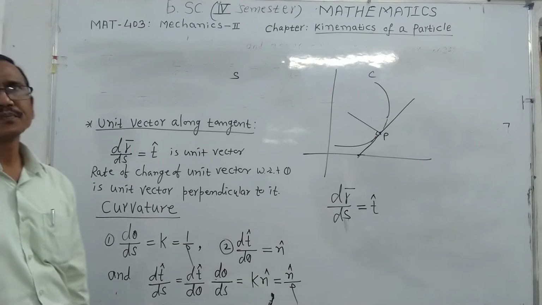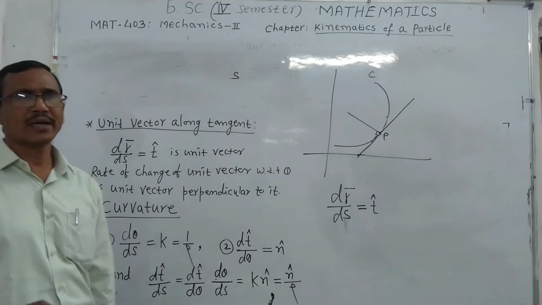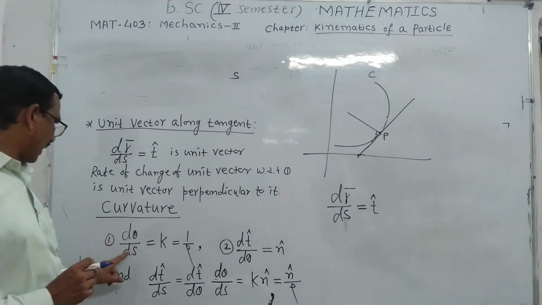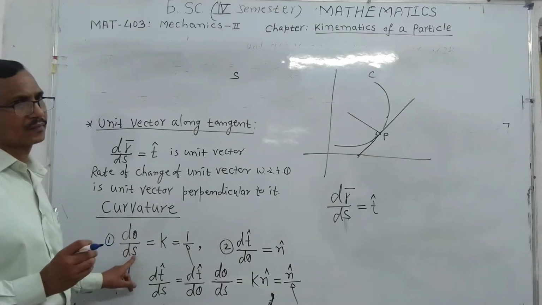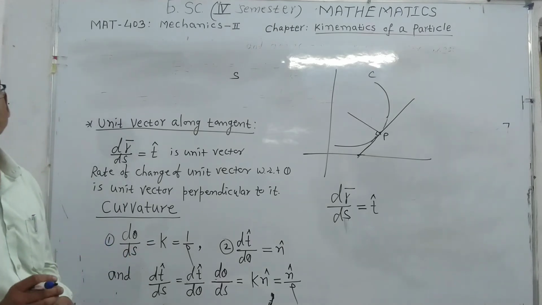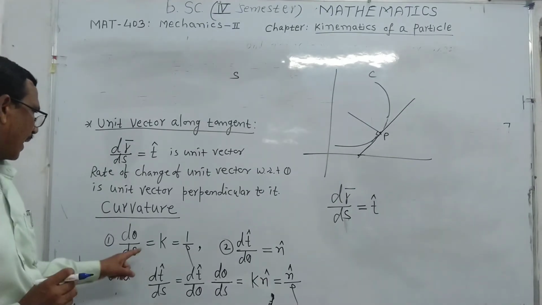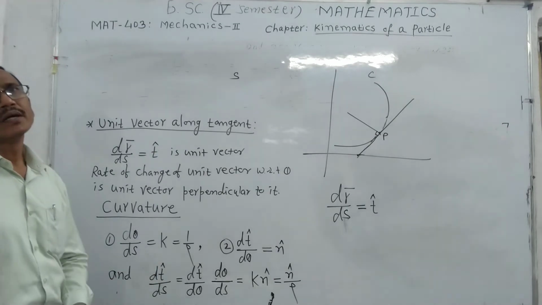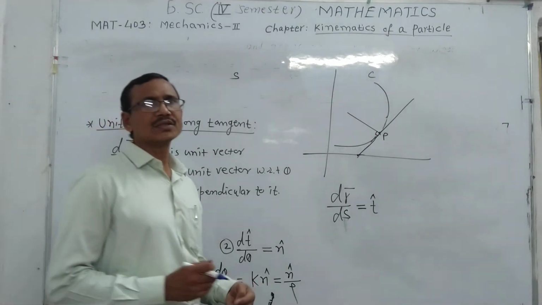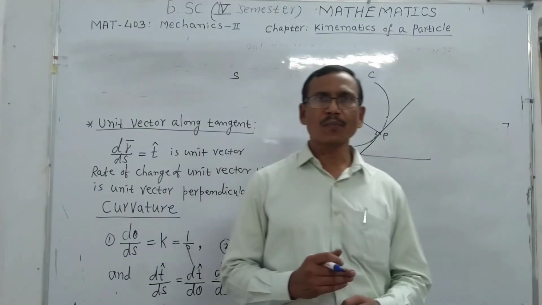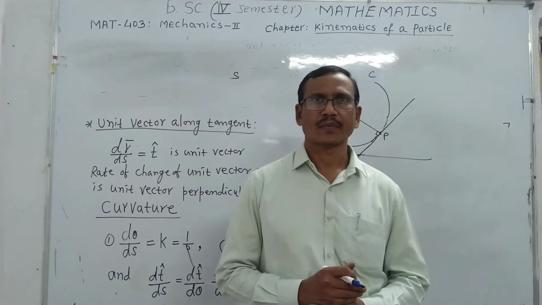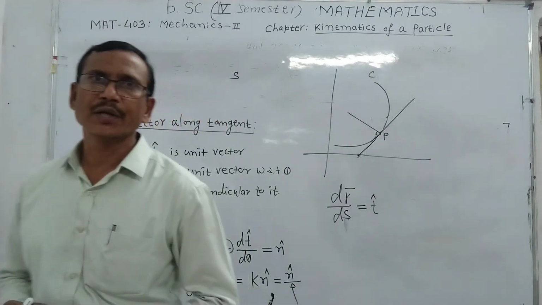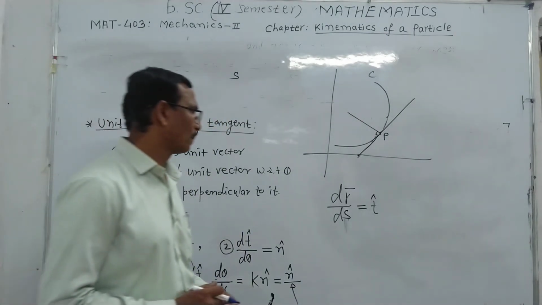Then curvature and radius of curvature. Now, d theta by ds is called the curvature, which is denoted by small k. The reciprocal of curvature is called the radius of curvature, which is denoted by rho.